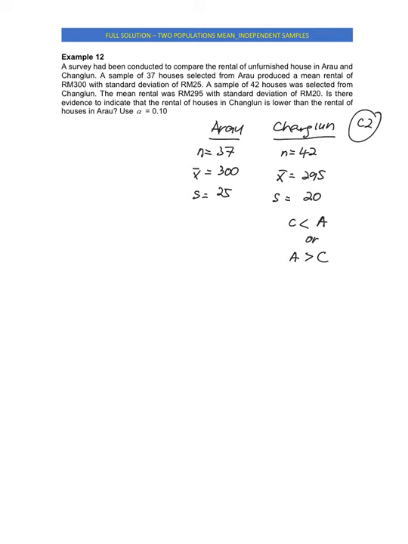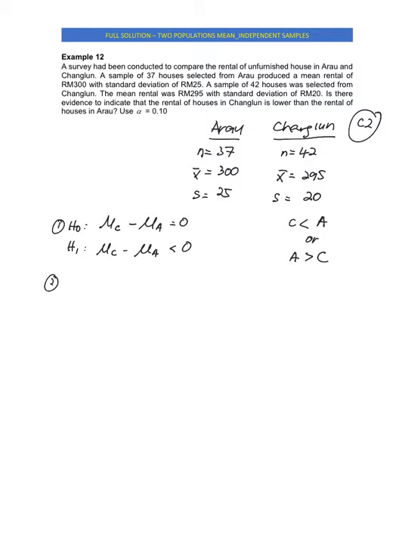But if you want to follow the question, our H0 and H1 are: H0: mu Changlun minus mu Arau equals 0 versus H1: mu Changlun minus mu Arau less than 0, because they said Changlun is lower than Arau, right?